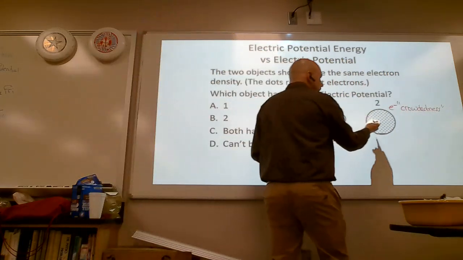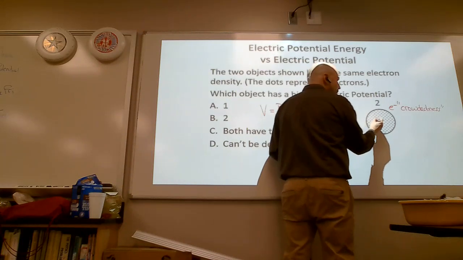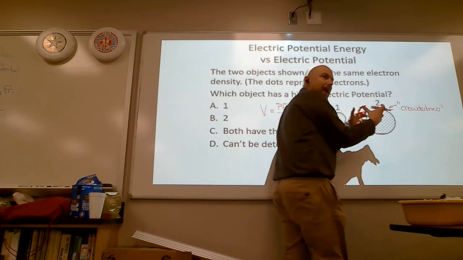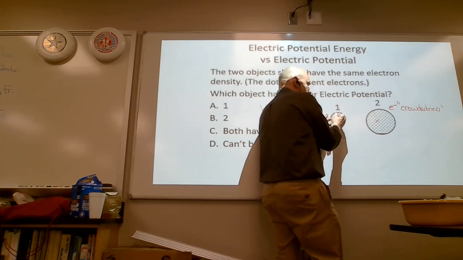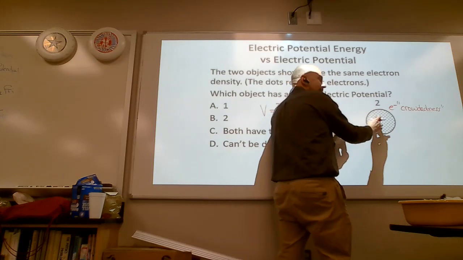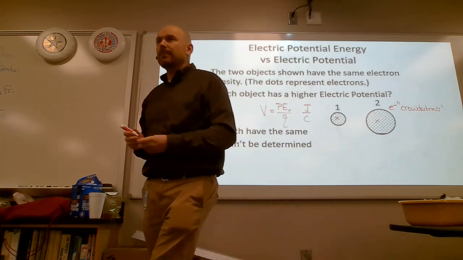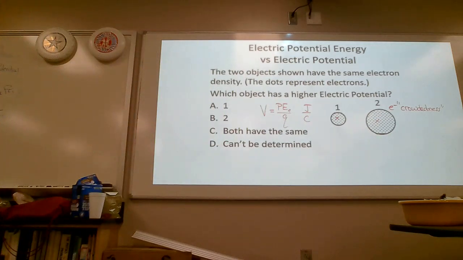Each electron has 4 springs connected to it, and they're equally squished. This electron has just as much energy as that electron does because they're equally squished. You okay with that?